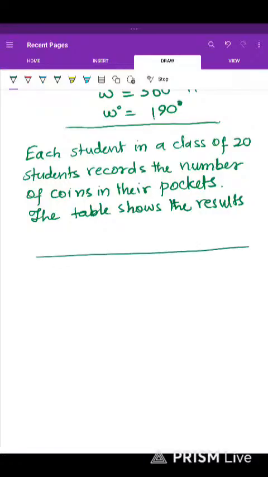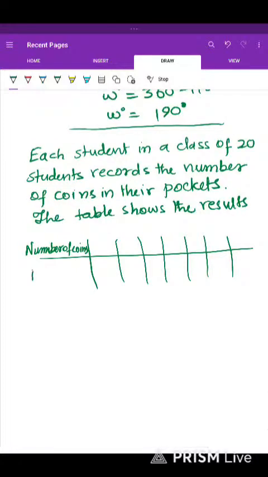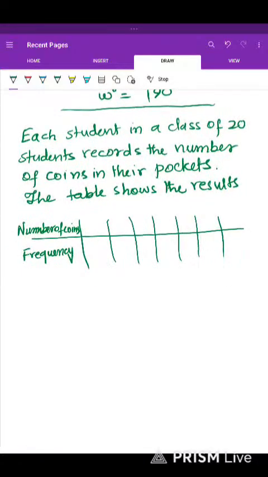I can draw it using freehand. So let us look. Number of coins and the frequency. Frequency means what the frequency shows here, right?